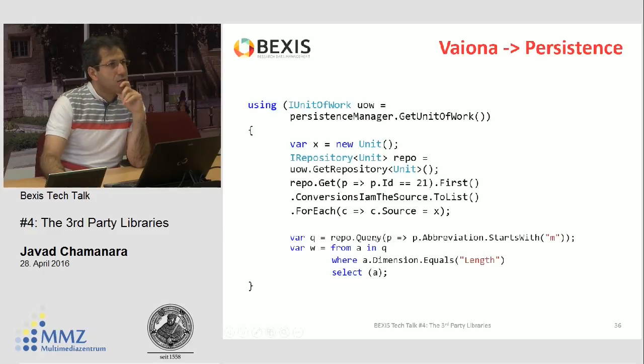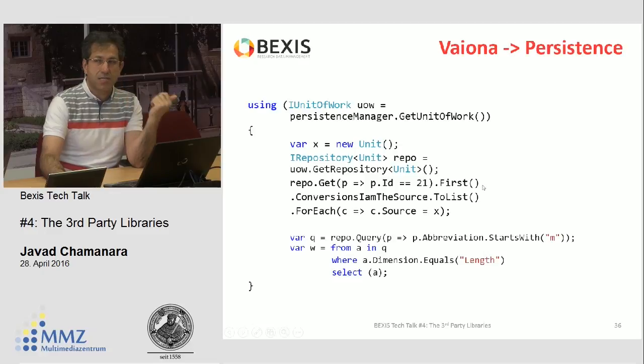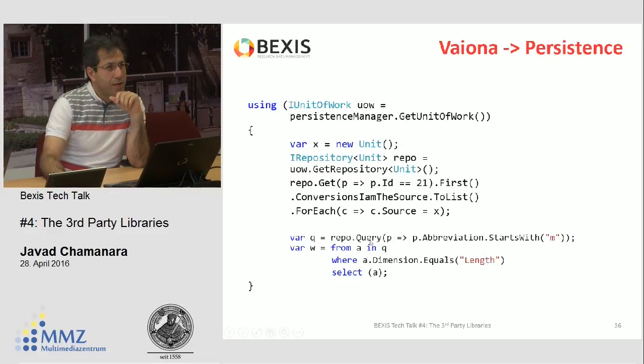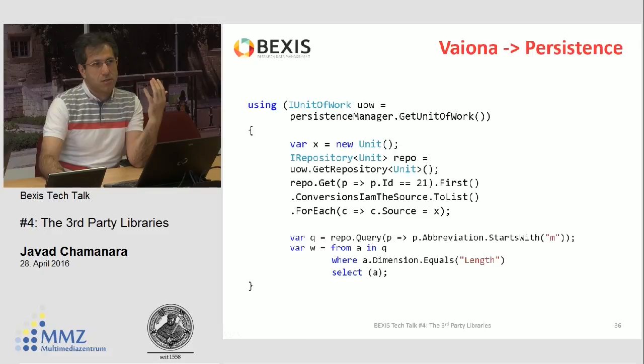And then here, to see the difference between get and query: when you say get, at this time the query is actually executed. But when you say query, nothing is executed. It's just waiting for more query. Actually, it's like a query construction pattern.